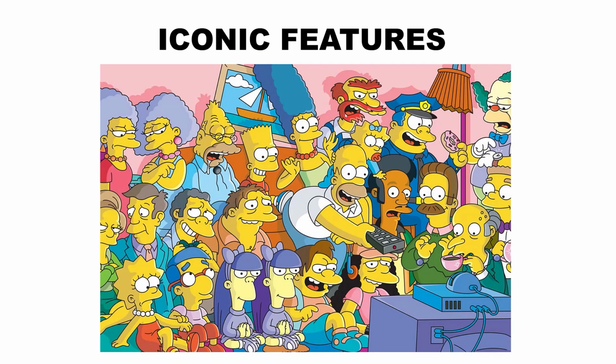So in this video I'm going to talk about the iconic features of objects or things or anything, in the context of print on demand, especially for t-shirt designs. Now if you look at this picture, this is just a picture of Simpson characters, and I have put this picture here just to explain what iconic features mean.